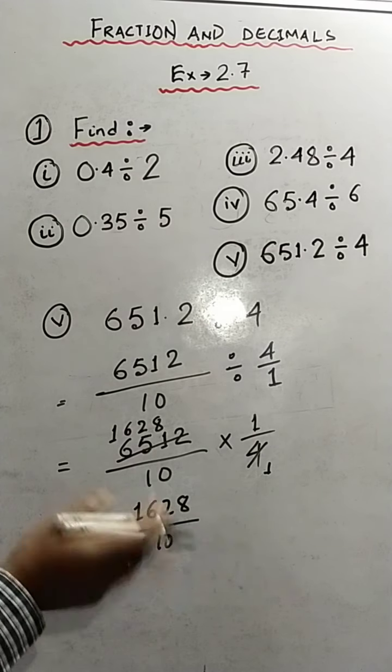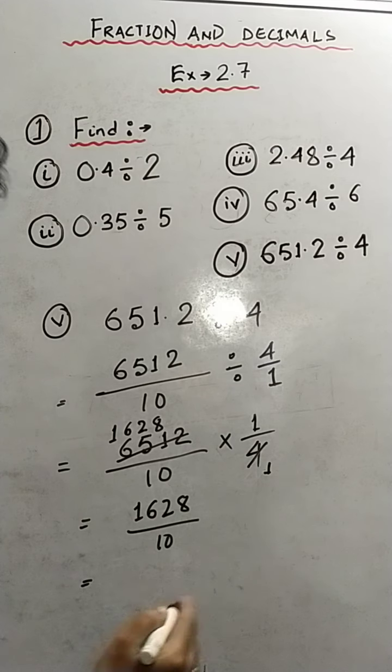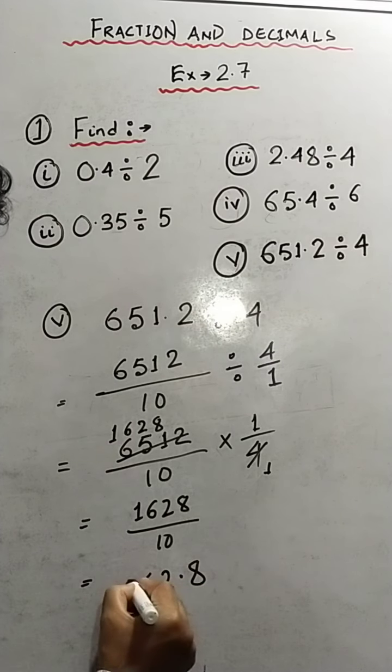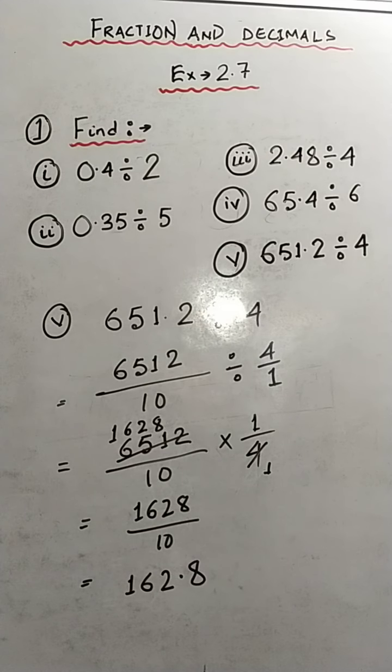Now let's convert this fractional form to a decimal form. So it will look like 162.8. So this is your final answer, that is 162.8. Okay, and the rest of the 3 sums, students, would be your homework, that is 6, 7 and 8 from question number 1. Now let's move on to sum number 2.